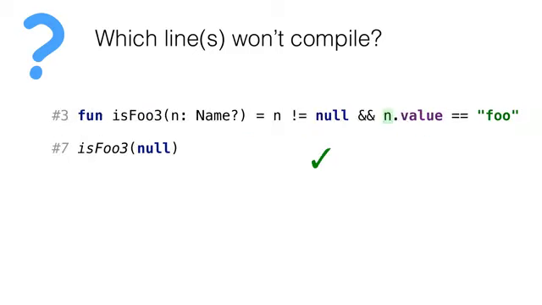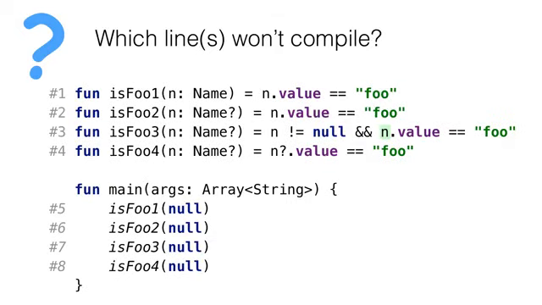This one is fine. Here we check explicitly and then use the smartcast value. It's a possible option. These lines compile. This one also compiles because we use safe access to get the value, and then we compare it with a string. Everything is fine as well. So the answer is that lines 2 and 5 don't compile.